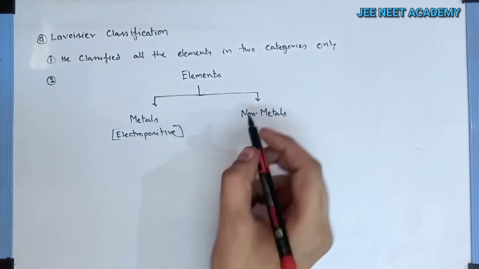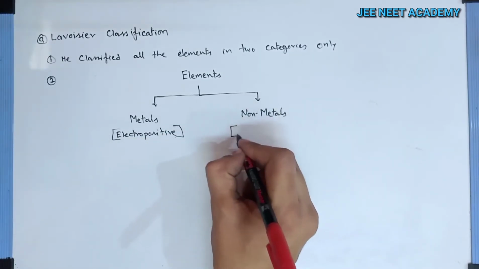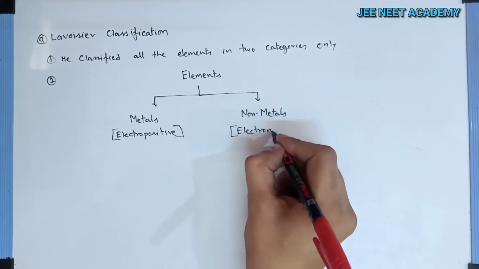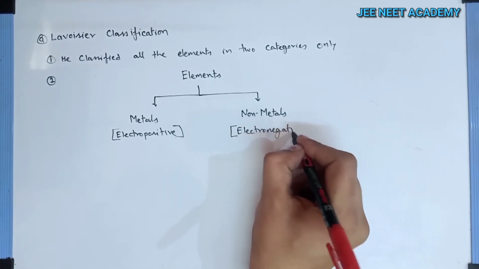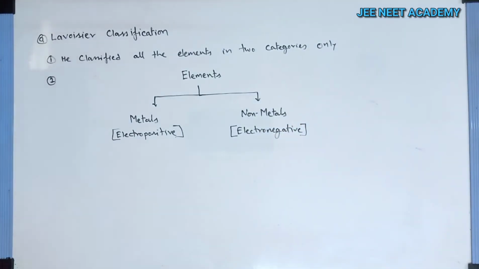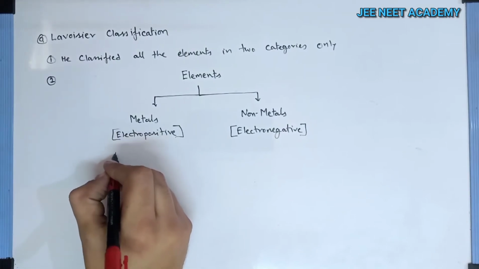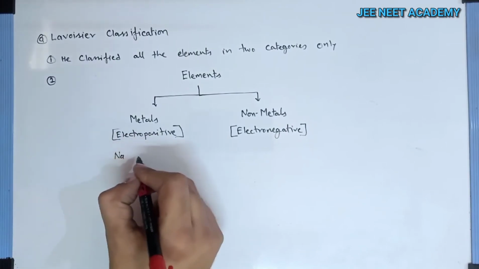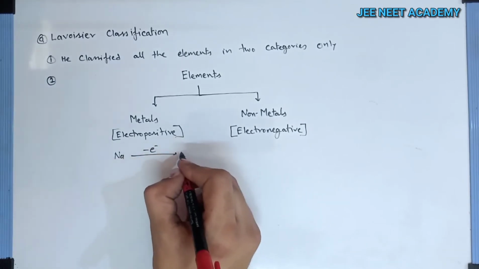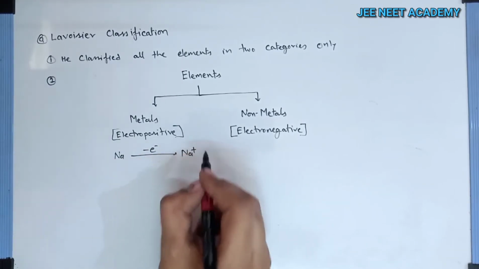And all the electronegative elements are non-metals. Electropositive means the element which can donate the electron and form cation, like sodium. Sodium can donate 1 electron and can form Na plus.